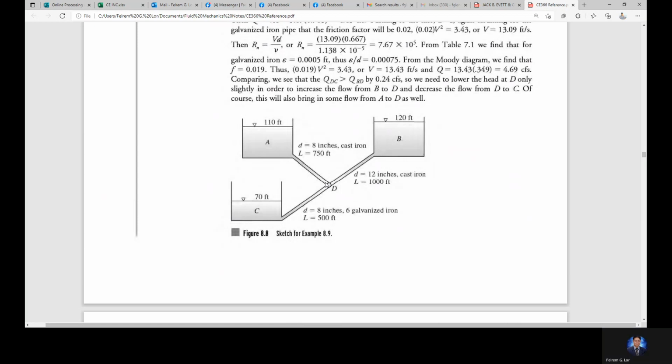So, as I've said, we must first assume that the flow in pipe A is 0.